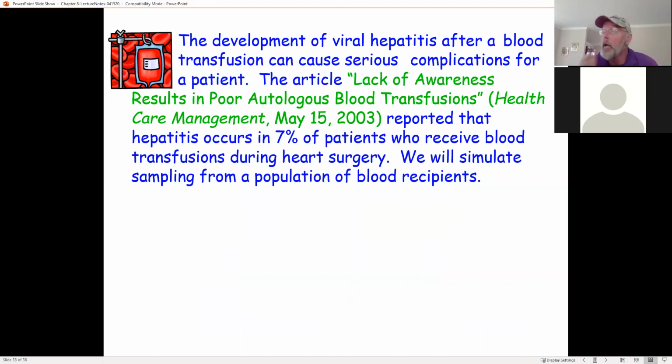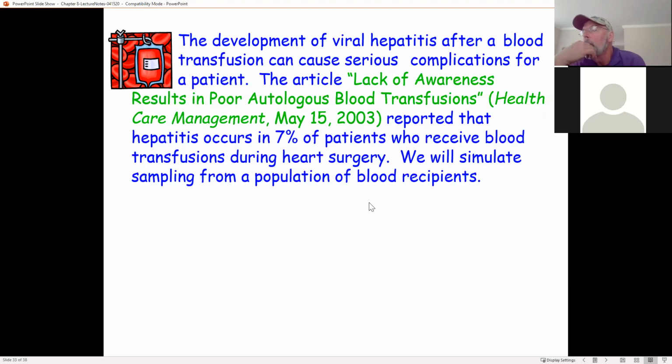Okay, so here's another example that we can use. All right, so there's a development of viral hepatitis after blood transfusions. Boy, that's a really serious thing. And so the article here reports that hepatitis occurred in 7% of the patients who received a transfusion during heart surgery.